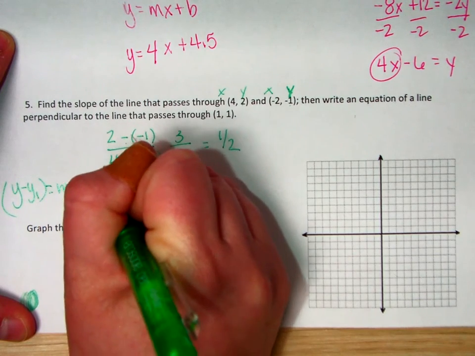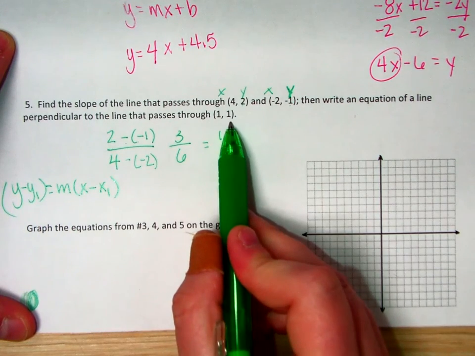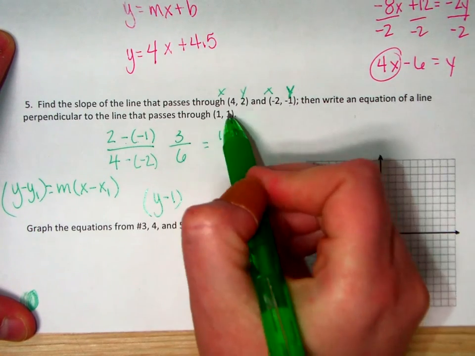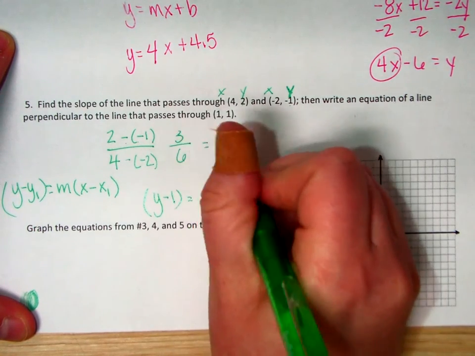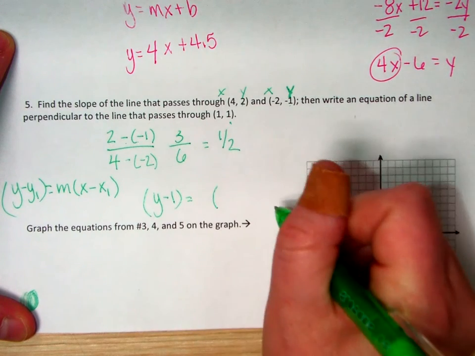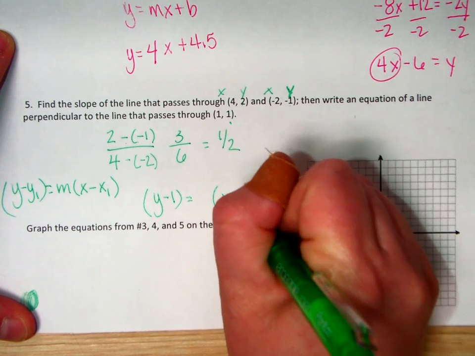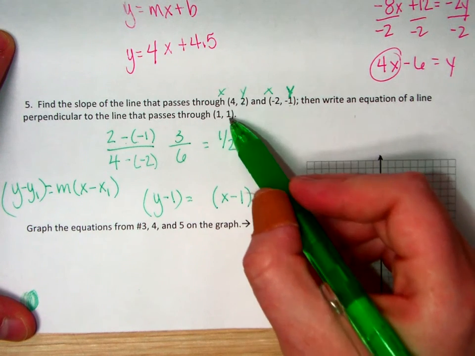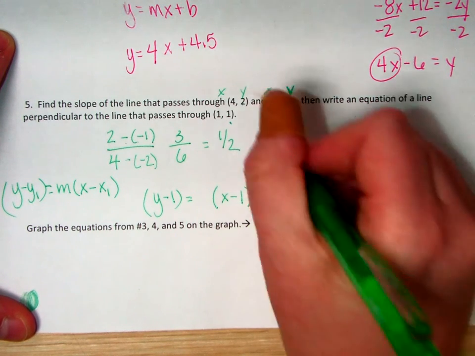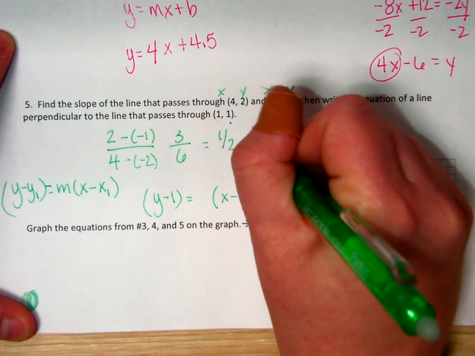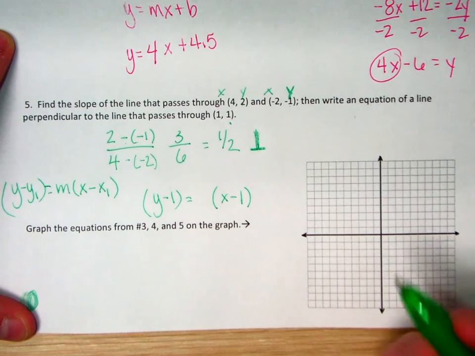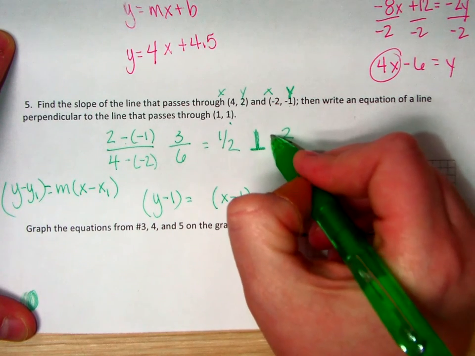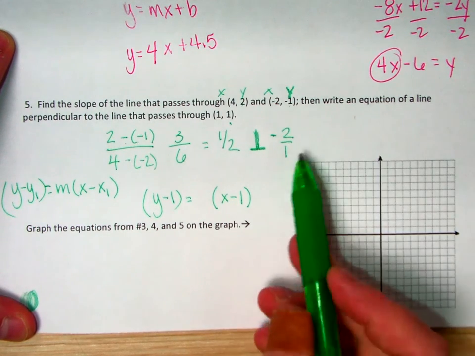It has to go through the point 1, 1, so it's y minus 1 equals my slope, but I'm not going to do that yet because it has to be perpendicular, times x minus 1. Now, I need to be perpendicular to 1/2, so it's the opposite reciprocal. Take 2 over 1, and then you change the sign. So negative 2 divided by 1 is negative 2, so this is my equation.